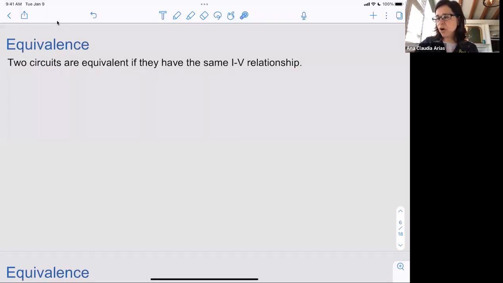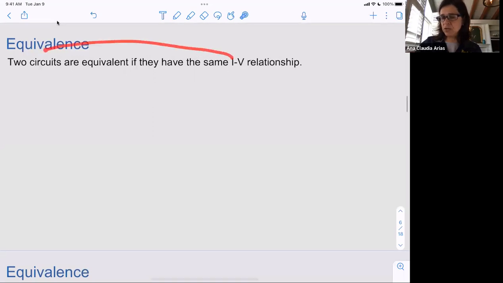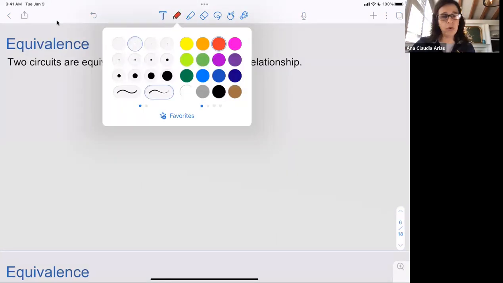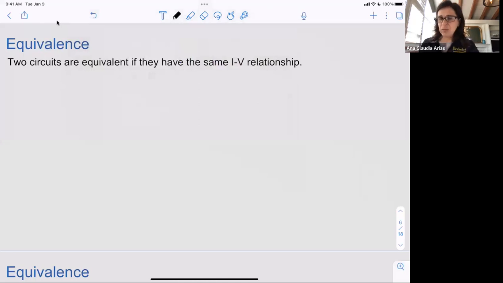So if I can draw the IV characteristics for different elements or different circuits, and I get the same IV characteristics, I can say these elements are equivalent. Okay, so let's start off with our good old elements that we have been working on, and then we are going to build on from there.